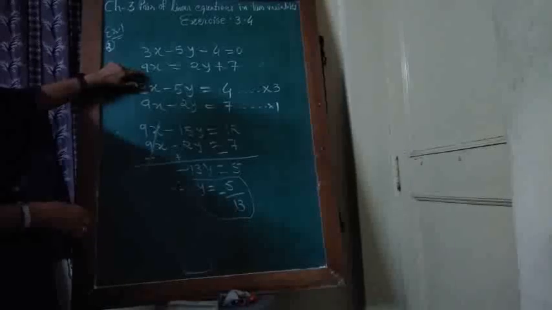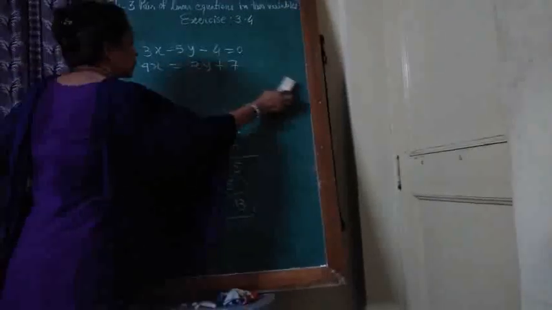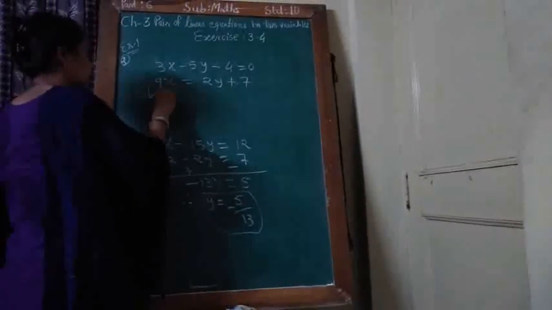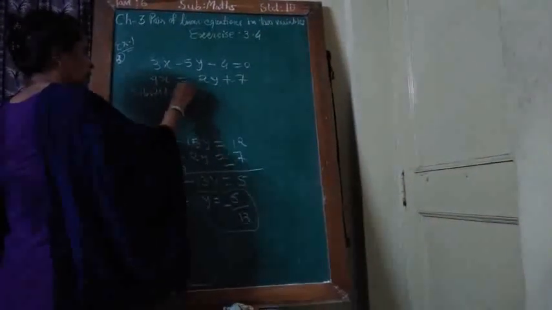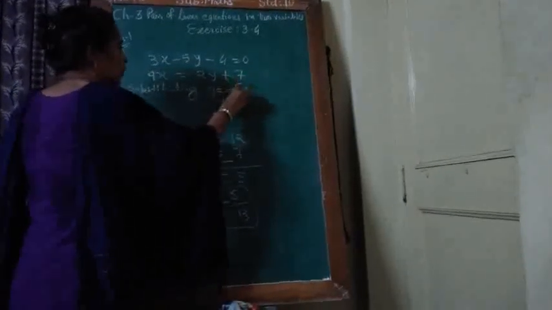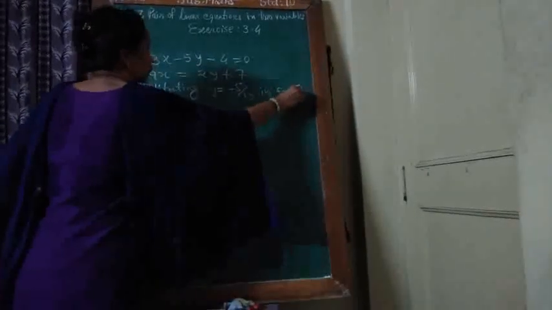And after getting y, you substitute this value in which equation? The second equation is easy. Okay? So you have to decide in which equation you have to substitute. So here I write substituting y equal to minus 5 upon 13 in equation 2.